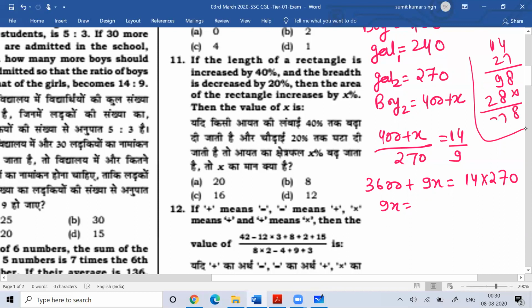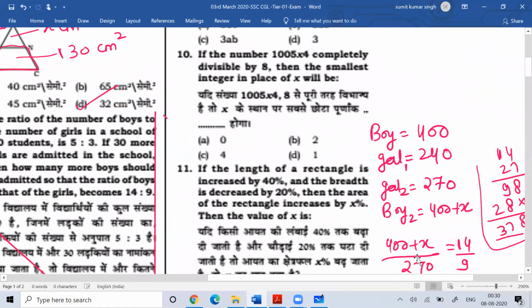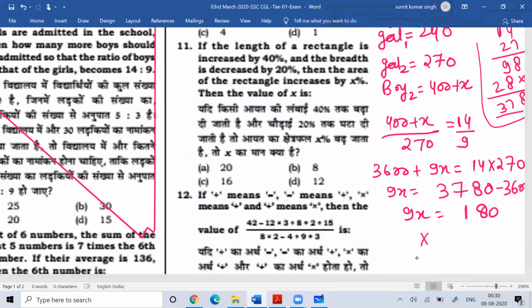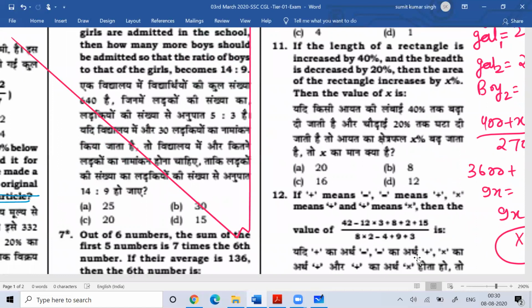So this is 3780. 3780 minus 3600, 9x is equal to 180. So x is equal to 20. So the value of x is 20.